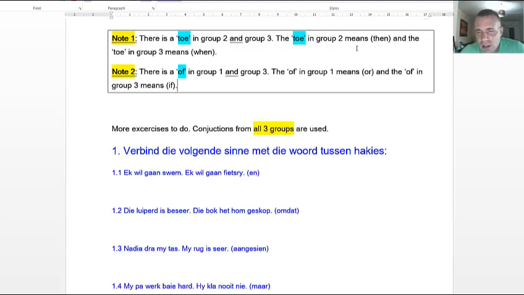So again, let's say your sentence says something like, I get tired, I don't sleep. You're not gonna say I get tired or I don't sleep. It doesn't make sense. You're gonna say I get tired if I don't sleep. So then you know which one to use. Okay. So get your head around that one.